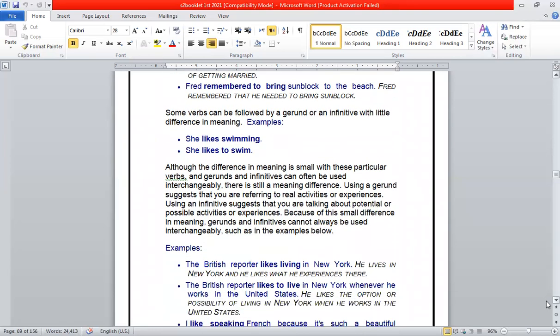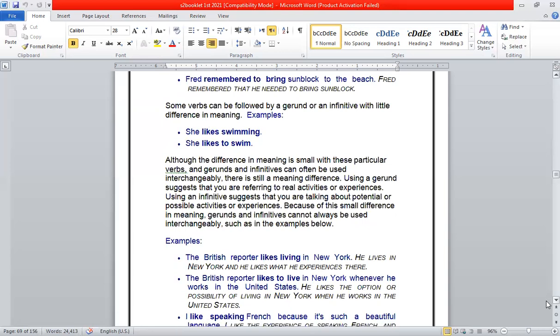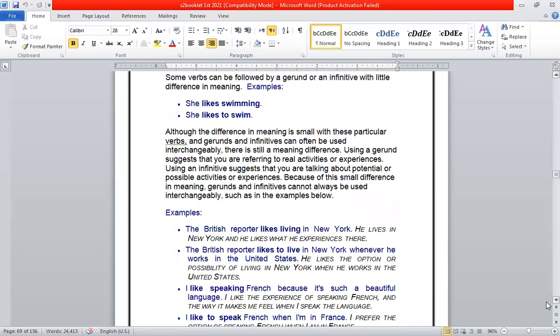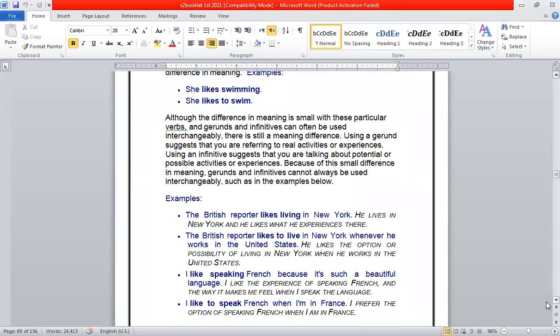Although the difference in meaning is small with these particular verbs, like love, hate, all verbs of emotions, it's the same idea. Gerunds and infinitives can often be used interchangeably. So here I can use after like or love or hate a gerund or infinitive with no difference. They are alternatives. So no problem.